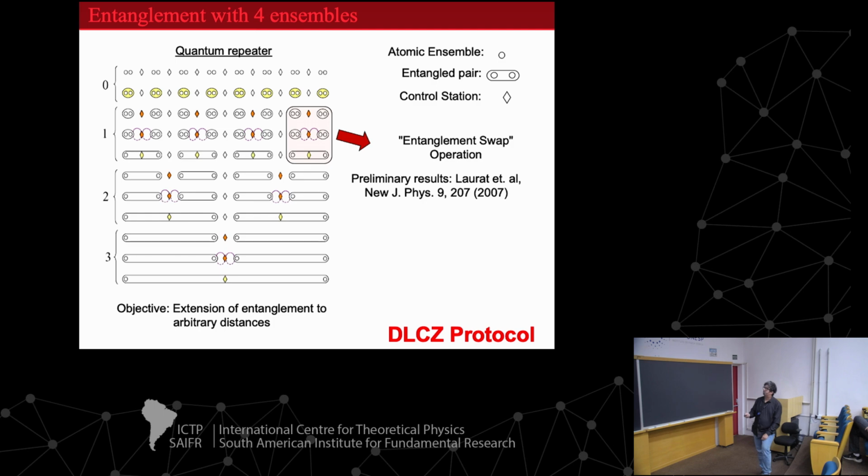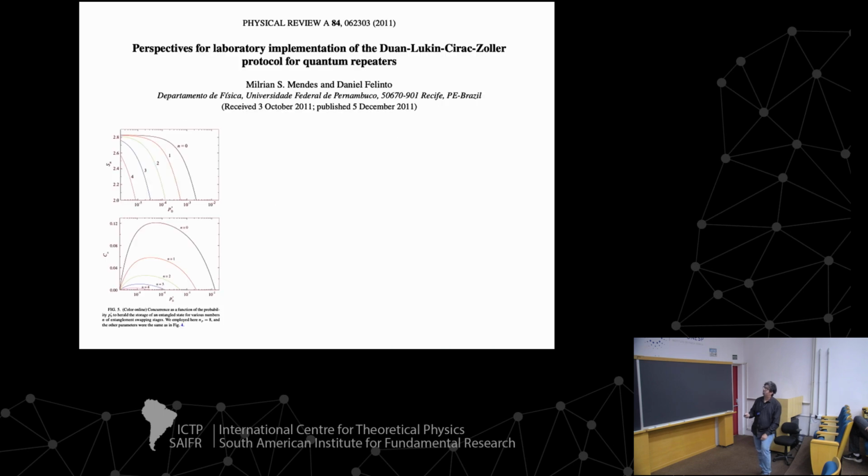But one thing that we did in the sequence of this was to analyze the following. One thing that is tricky is that as you increase the number of swappings, you need to have purer states.